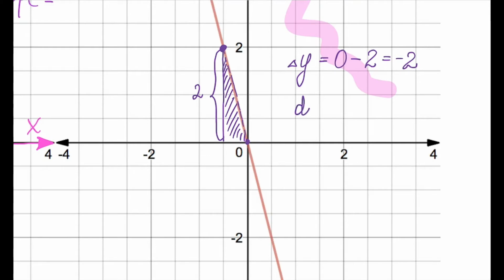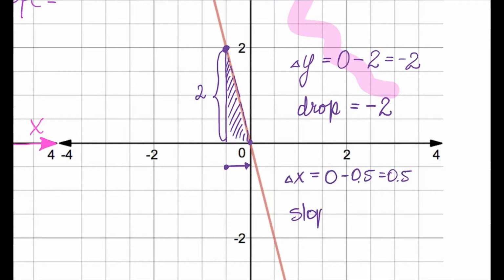So it will be a drop rather than a rise. And if it's a drop, then it's definitely a negative number. So it dropped by 2. What happened with x? It started at 0.5, ended at 0. Instead of rise over run, it is going to be drop over run.